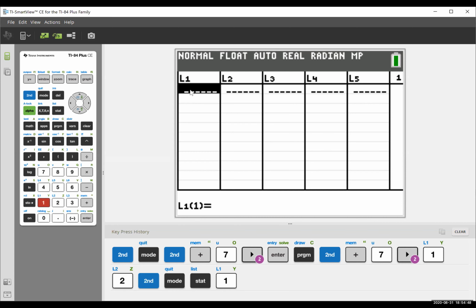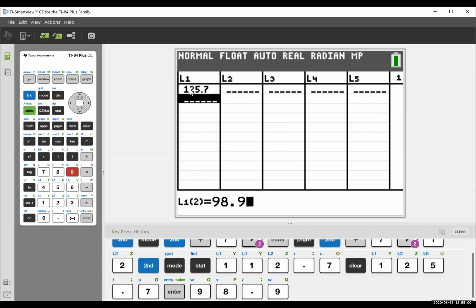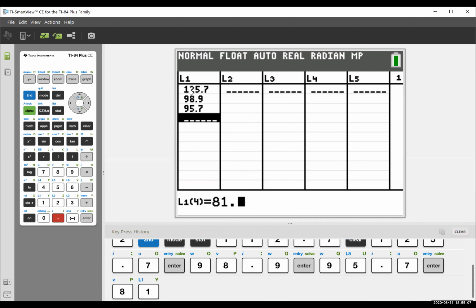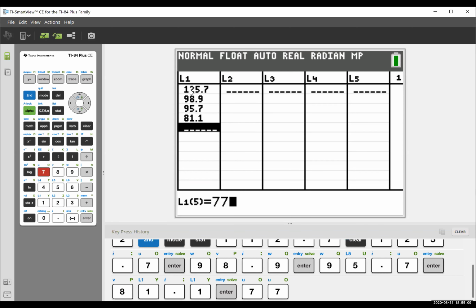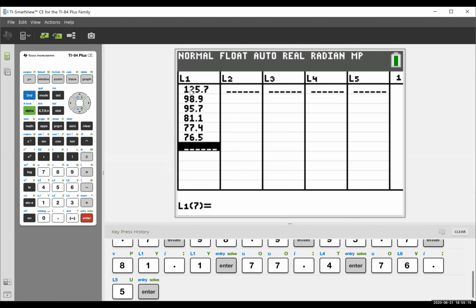So again, STAT 1 and enter whatever data is given. I'm going to type those 15 numbers here: 125.7, 98.9, 95.7, 81.1, 77.4, 76.